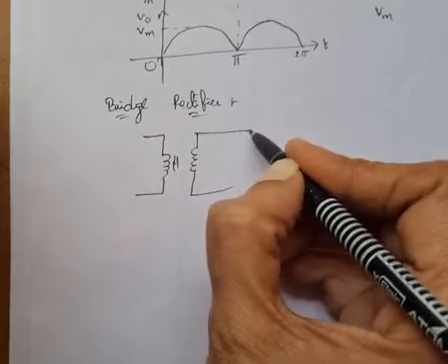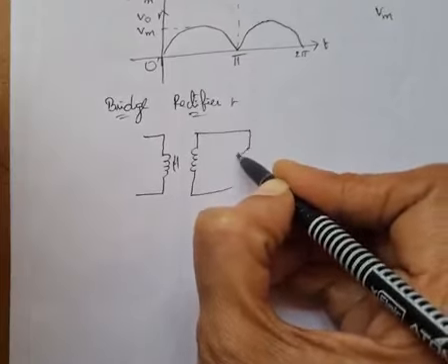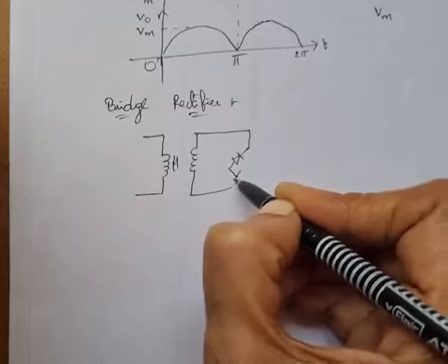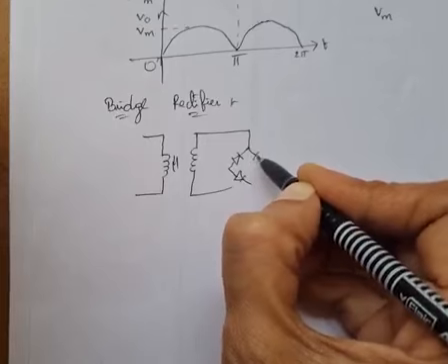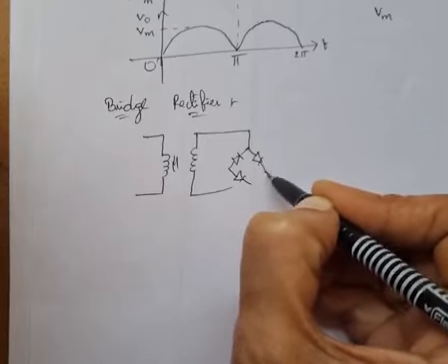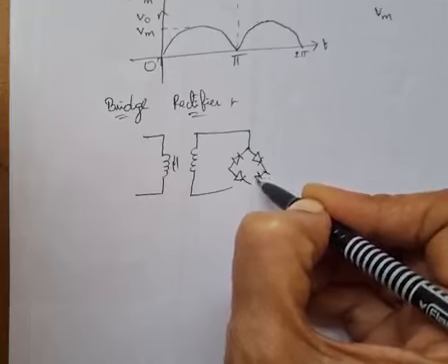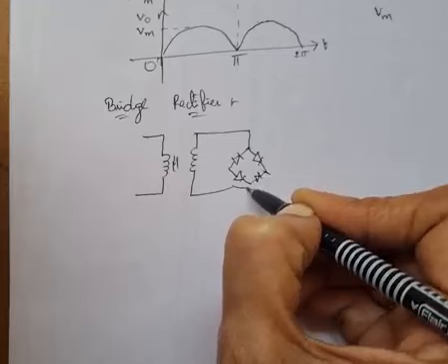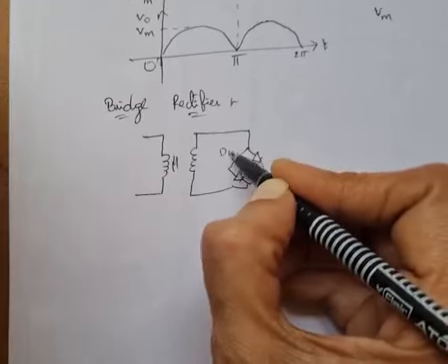But here the number of diodes is increased compared to half wave and full wave. Here we are using 4 diodes: D1, D2, D3, D4.